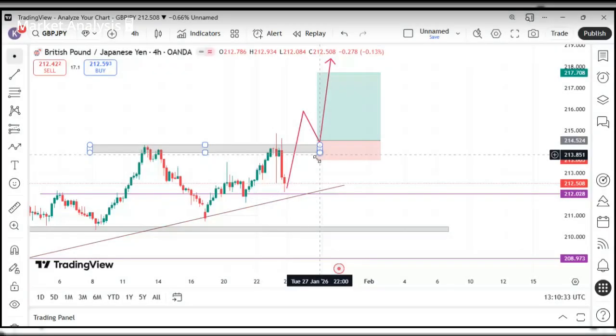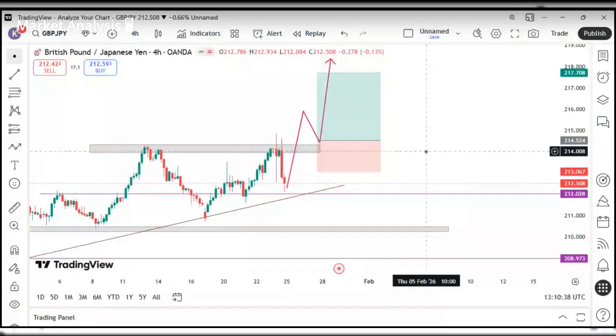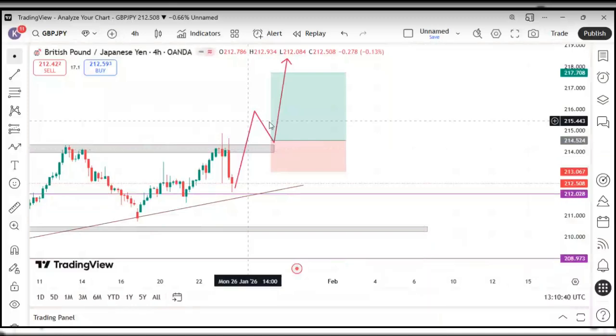Yes, and now stop loss around this level, depending on what price action is saying.